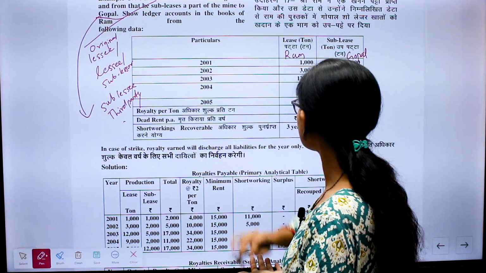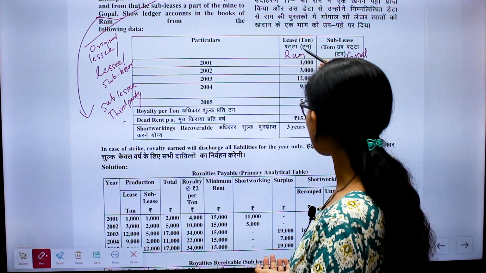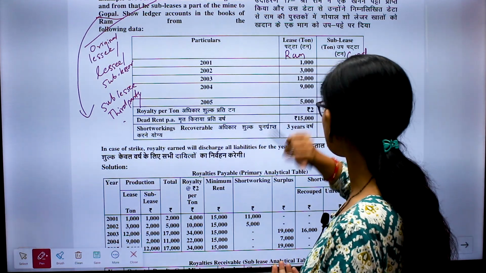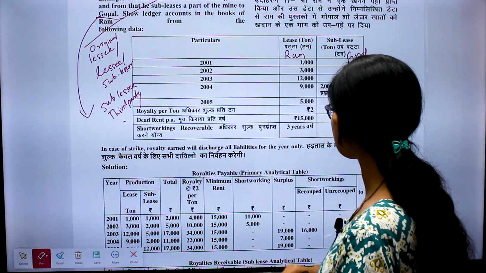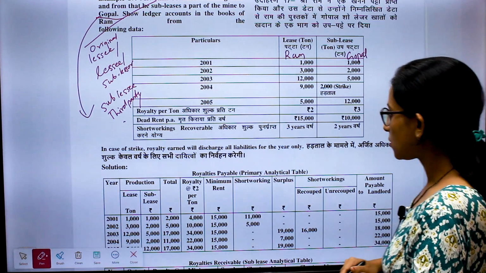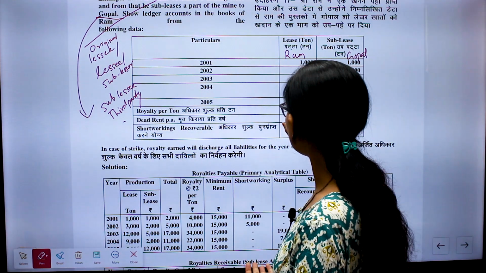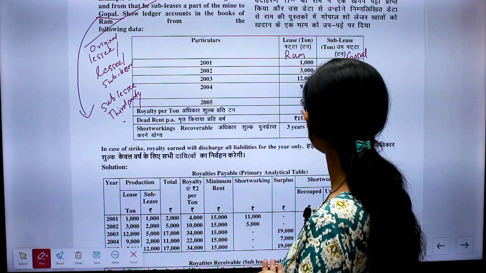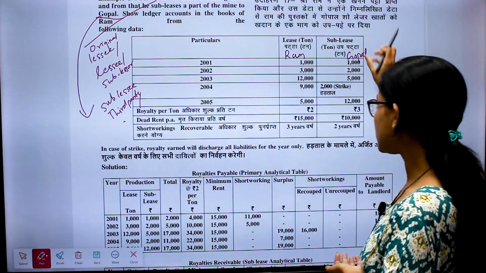In the year 2001, how much does Ram produce? Ram produces 1000 rupees. And how much does Gopal produce? 1000 rupees. So in the analytical table, we have been given Ram's lease amount, produce amount, and Gopal's lease amount.